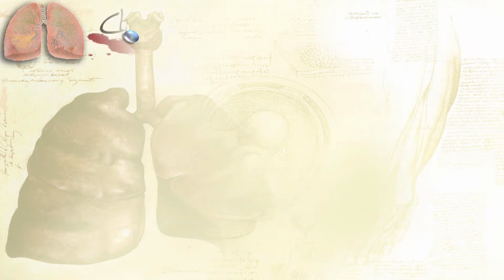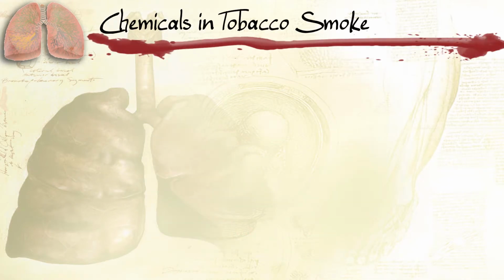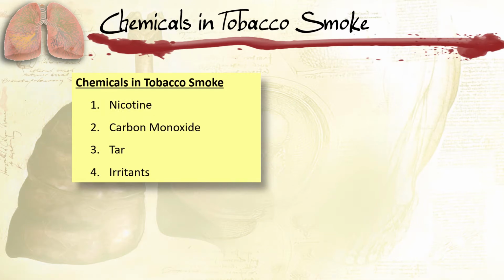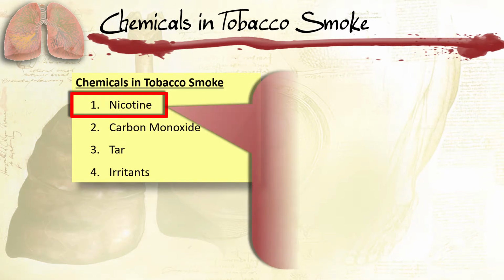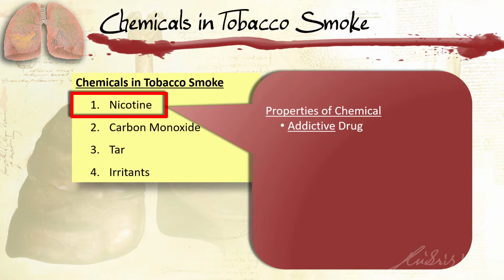So what are the toxic substances that cause all of these diseases? First, we have nicotine. Nicotine is the drug that causes cigarettes to be addictive because it causes the release of adrenaline. It keeps people alert. Adrenaline is the hormone that causes people to be alert, which is why someone addicted to cigarettes might find the need to smoke to keep themselves alert.